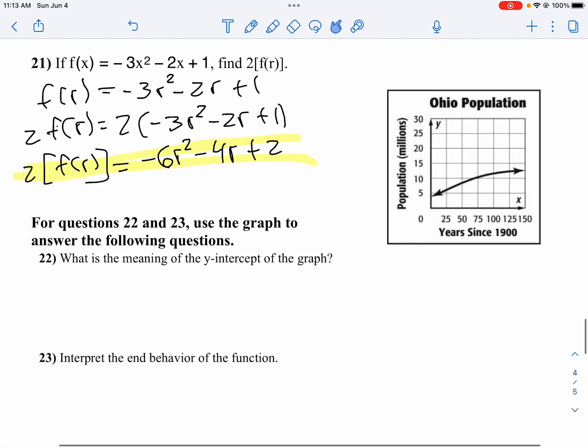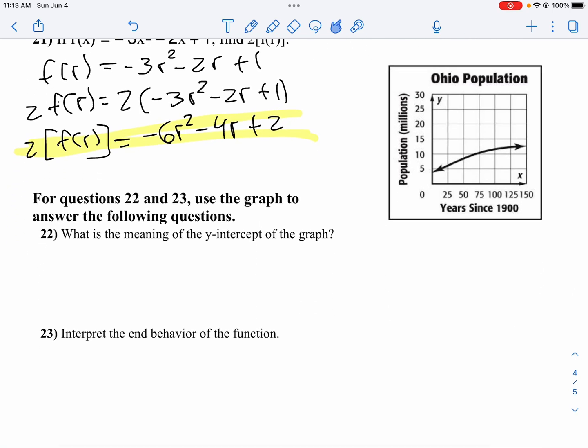Now if I take a look at 22, what's the meaning of the y-intercept of my graph? My y-intercept is at the beginning. The meaning is, well, that would be the population in 1900.